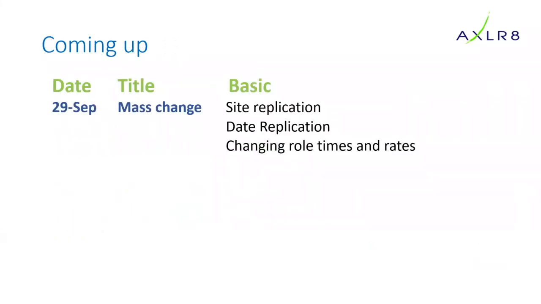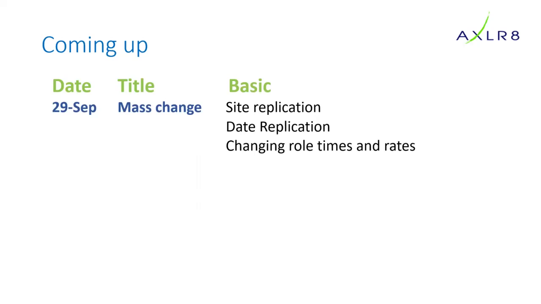So that's expenses. Tomorrow we're doing the last one, and that is going to be mass change. So the idea of being able to take a particular date and a site and then saying, now I want that to apply to 500 supermarkets across the nation.